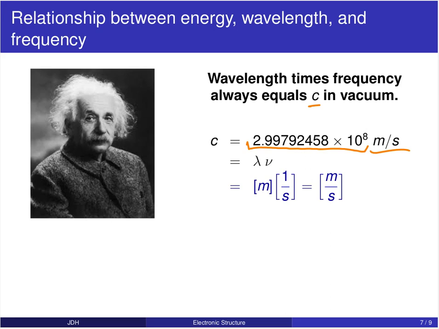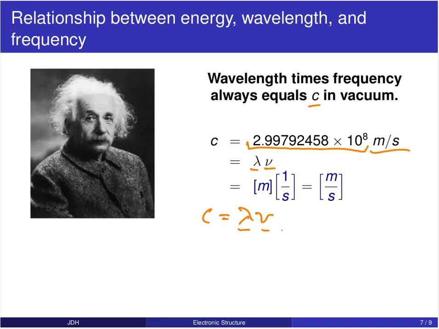Now, the fact that that speed is a constant value allows us to find a really nice and simple relationship between the wavelength and frequency. Our first equation for this section is c equals lambda times nu: speed of light is equal to the wavelength times the frequency.